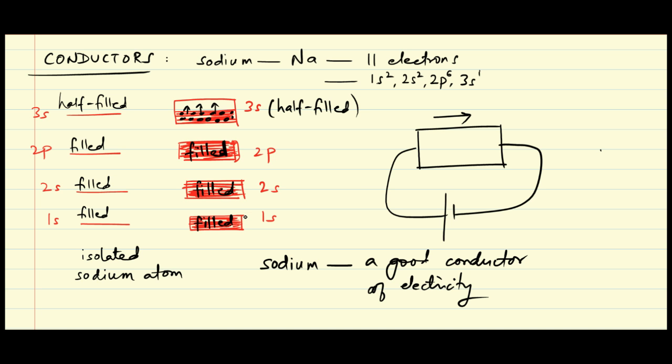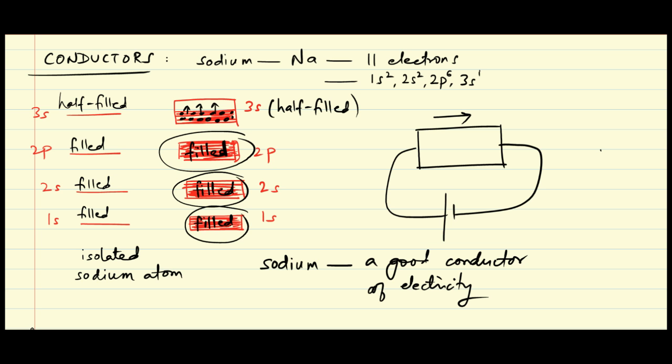Note that the electrons in the lower energy bands, that is 1s and 2s and 2p, do not contribute toward the current because they do not have nearby higher energy levels to enter.